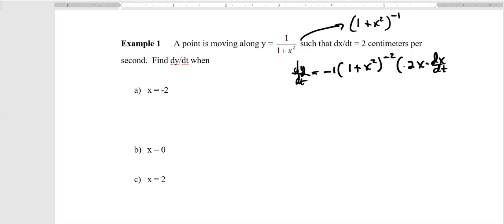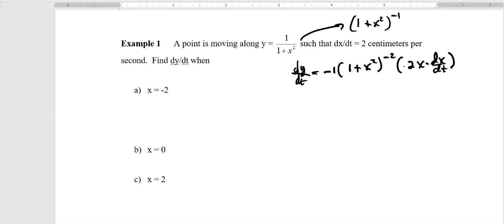This is different from what we had before when we were treating x as independent, where the derivative of x squared with respect to x is just 2x, but with respect to t, it's 2x times dx/dt.